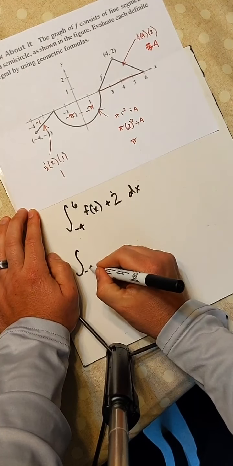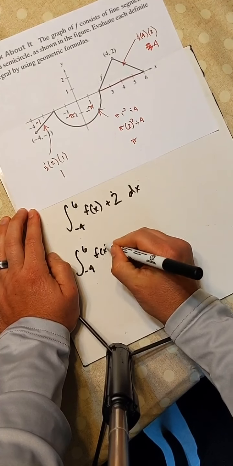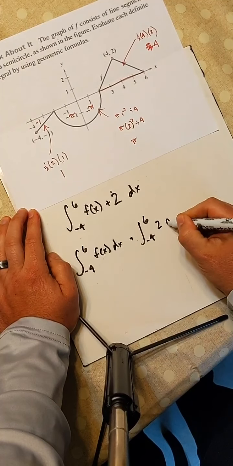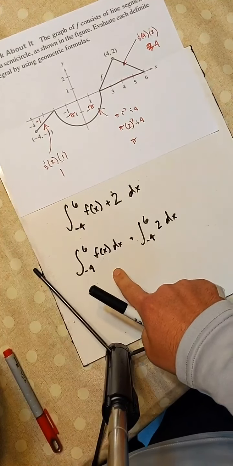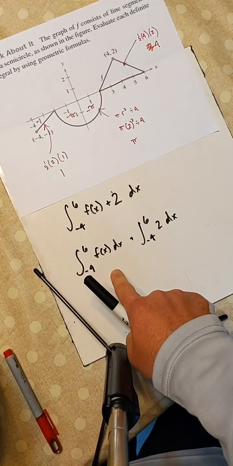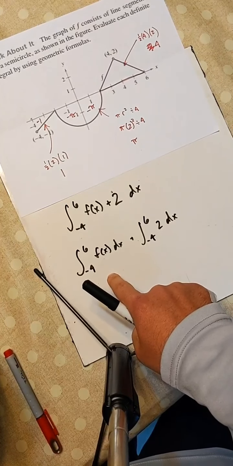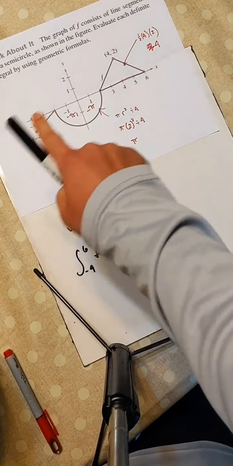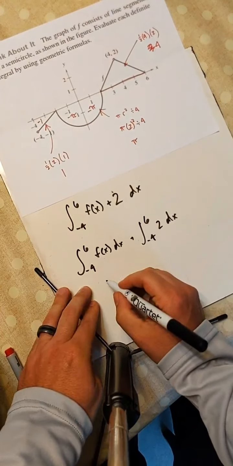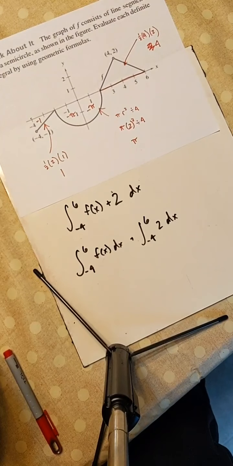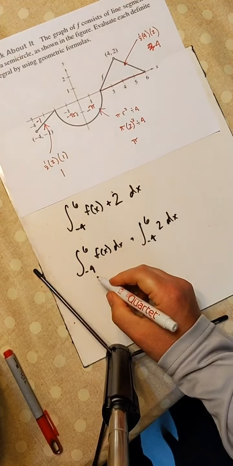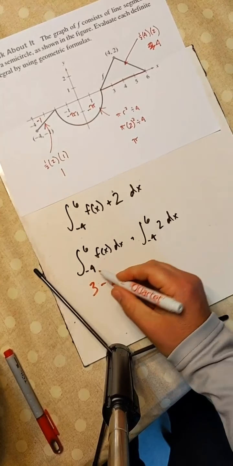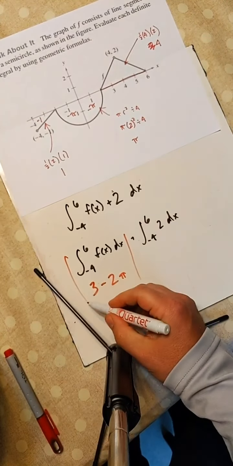We can make this the integral from -4 to 6 of f of x plus the integral from -4 to 6 of 2. All right, we did this problem already, two problems ago. What's the integral all the way across? Not the absolute value, but the whole integral all the way across. And we got this as 3 minus 2 pi. That's what we already figured out.